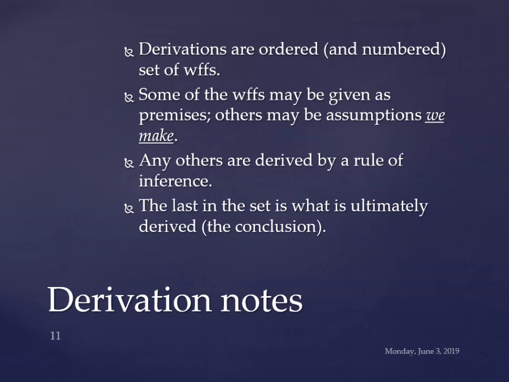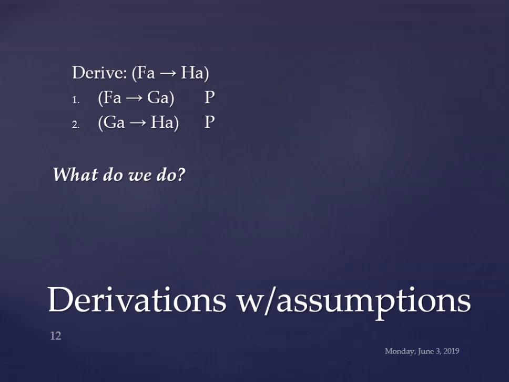Let's talk about derivations with assumptions. Sometimes we make assumptions in our ordered set of formulas. Suppose we're going to derive Fa arrow Ha, and our premises are Fa arrow Ga and Ga arrow Ha. Well, what do we do? Let's think about it logically.